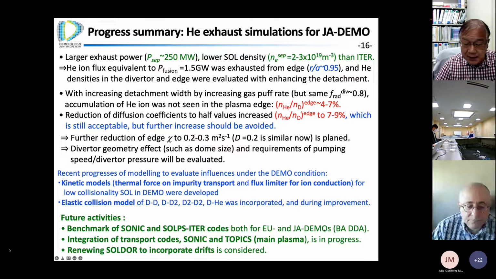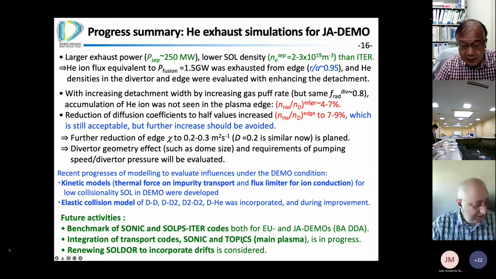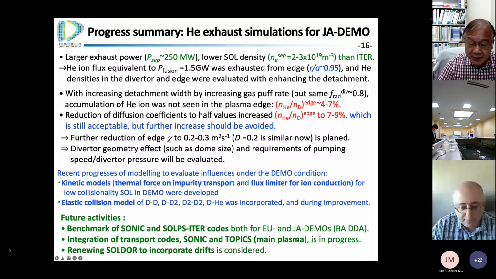That is one of the tasks of the BA DDA. Another is integrated transport code, the SONIC and SOLPS topics. This main plasma transport is one of our tasks, not for the BA, but for the Japanese DEMO designs. Also, renewing the code to incorporate drift is one of the long-term development works of SONIC. So thank you for your attention.